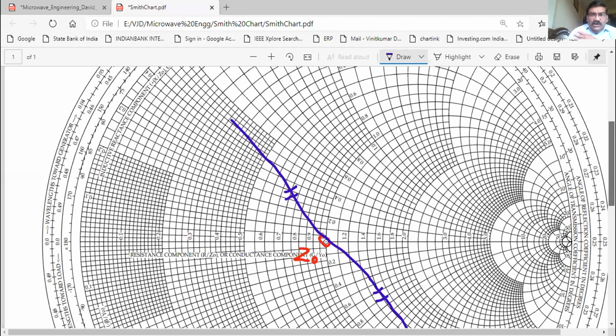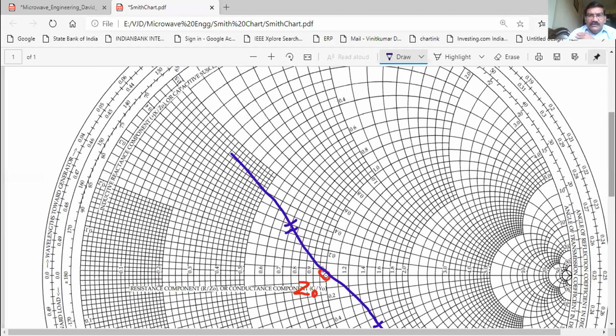Anyone, just do it and give me the value of YL. You will get YL equal to, here it is 0.3 and 0.4. This is 0.3, and 0.4 is this. So here is the point.